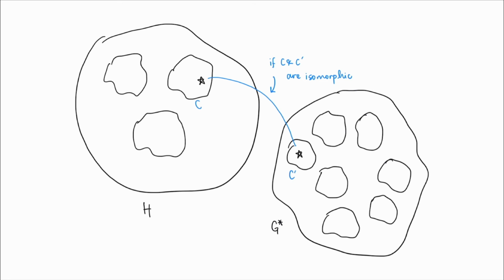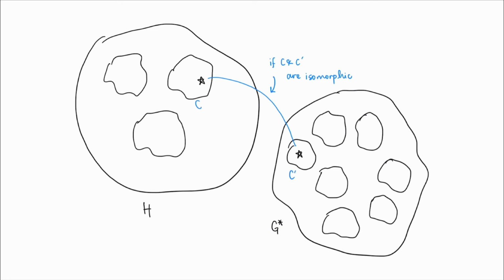And so this is your auxiliary bipartite graph. And when do we have an edge between a vertex representing a component of H and a vertex that represents a component of G star? Well, that's very natural. We are going to have that edge precisely when these two components are isomorphic copies of each other. So this is something that again you can test by brute force.